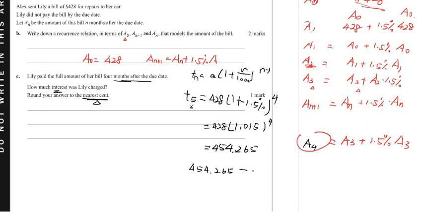The bill says she needs to pay $428, so we need to minus that by 428, and if we do that, it's equal to 26.2636, and we're going to round it to the nearest cent. This is where my cent is. I need to look at one decimal place after that. Because it's 3, which is less than 5, I will keep it, and my answer is going to be $26.26.